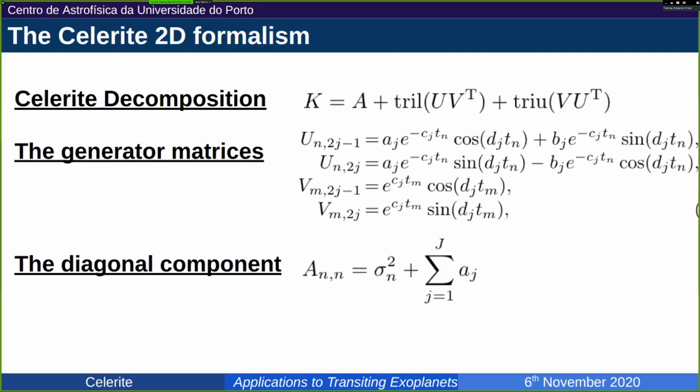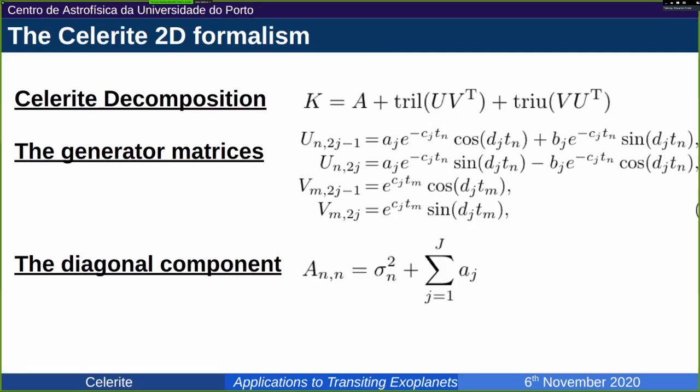So it is proportional, as stated before, to N. It can then be rewritten in terms of two generator matrices, U and V, along with the diagonal matrix that is here represented by A. The triu and tril operators replace with zeros the portion of the matrix above and below the diagonal.